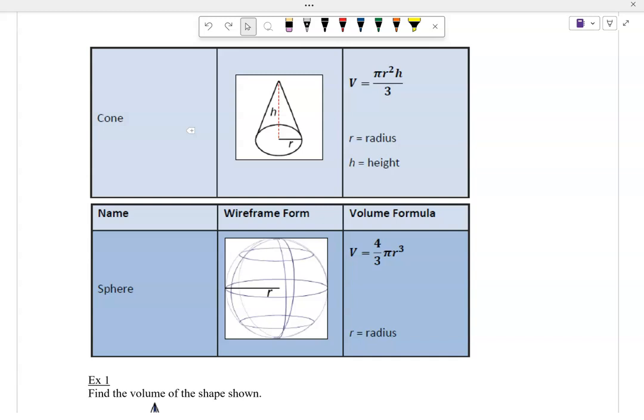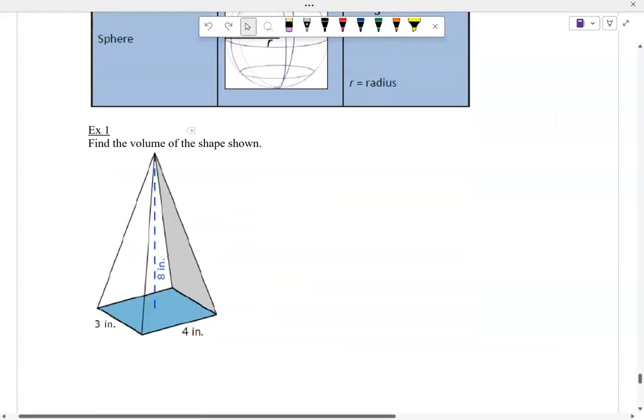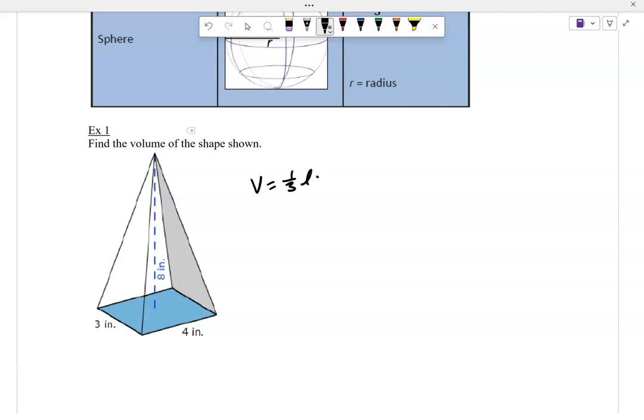Let's go ahead and do it for this first one here. It looks like I've got a pyramid. All right. And so I would reference this above. I know the pyramid volume is 1/3 length times width times height. Here's my length, here's my width, there's my height.